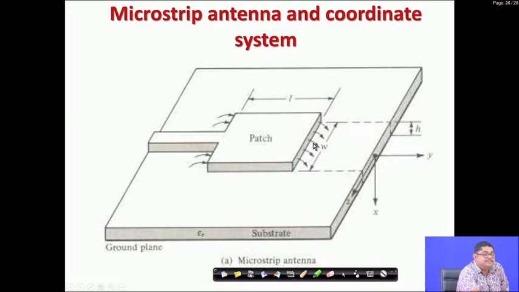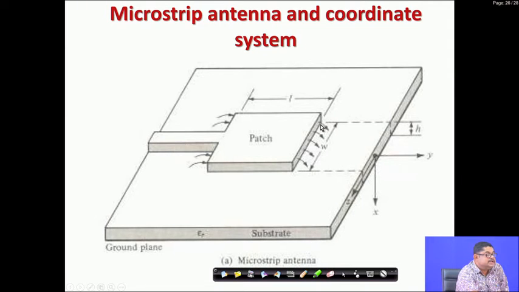So, if I take lambda g by 2, the aperture fields present here and here are of opposite phase. So, I can consider that I have an aperture here and an aperture here, and they are forming a 2 element array, where the inter element separation is lambda g by 2. So, I know how to analyze this. We will have to assume what is the field here.